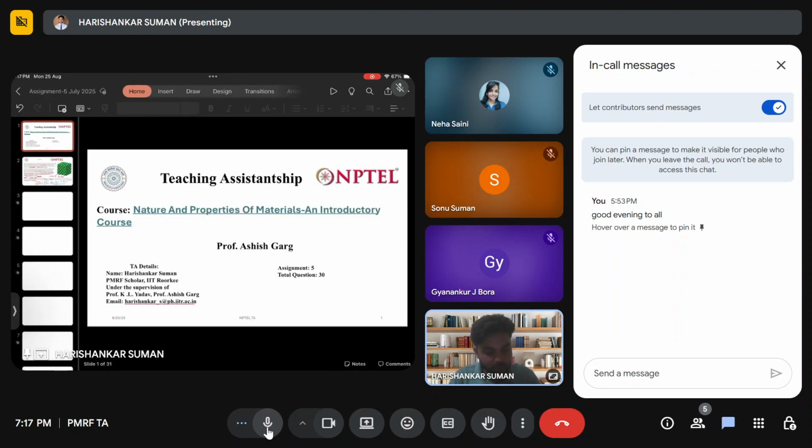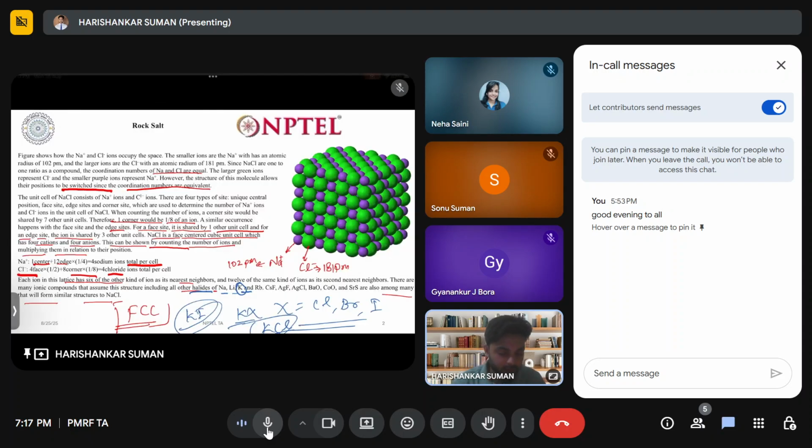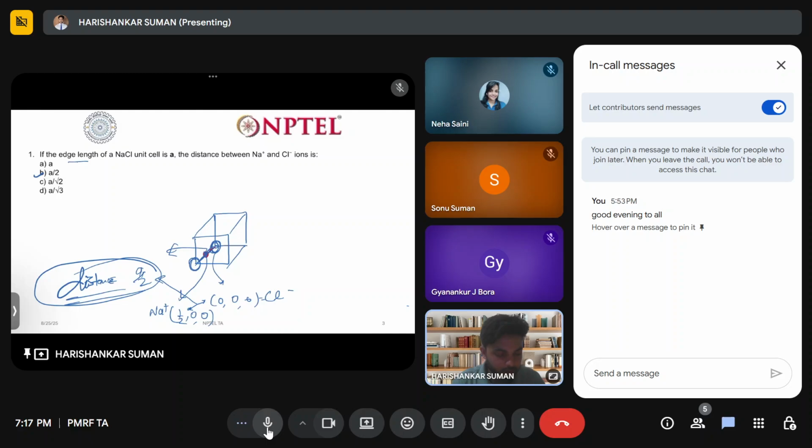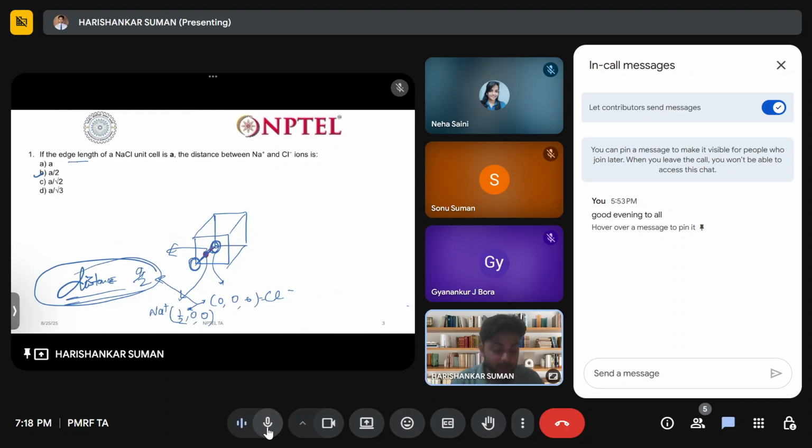Let me show you from the first. We have discussed the rock salt structure, positions of atoms, and then a question on this. As the length is given, the distance between Na plus and Cl minus can be calculated. So we know the position: this is chlorine and this is Na plus, sodium.